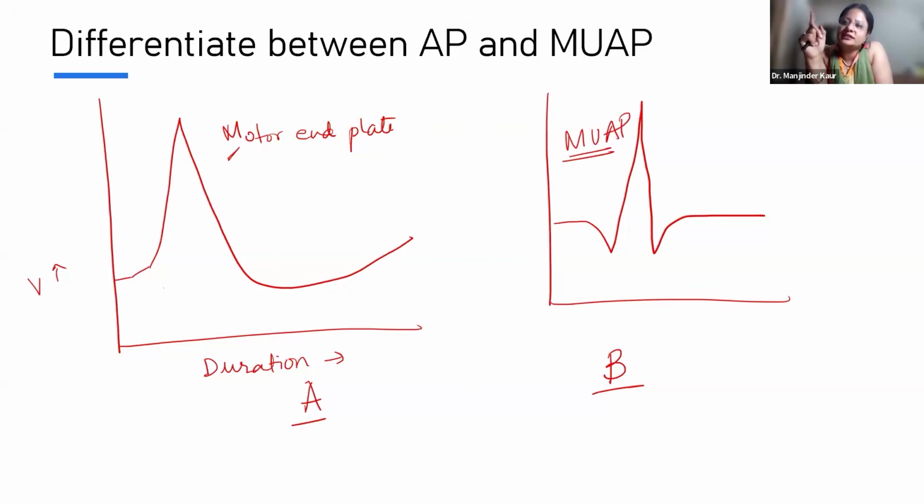Definitely, one motor unit is yes, all or none. But when we talk about the different motor units, when we talk about the muscle as a whole, then it doesn't follow the all or none principle because the motor units keep on recruiting. Each motor unit follows the all or none principle, but the skeletal muscle, which is a blend of many motor units, does not follow the all or none law.